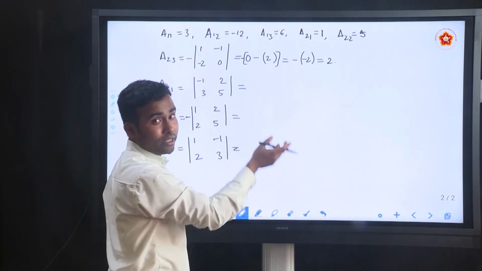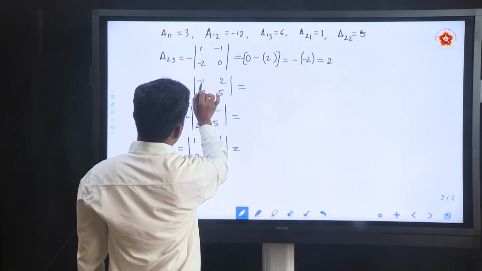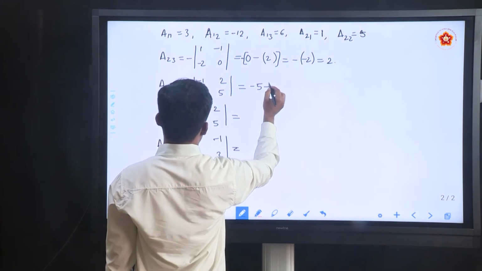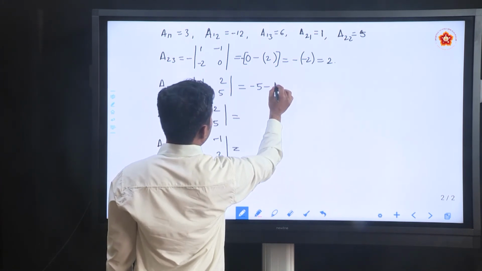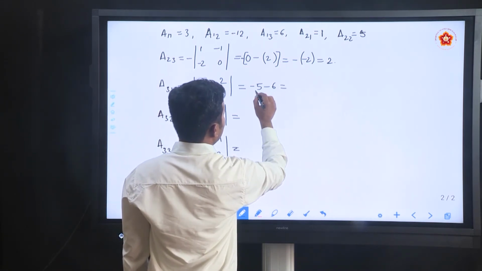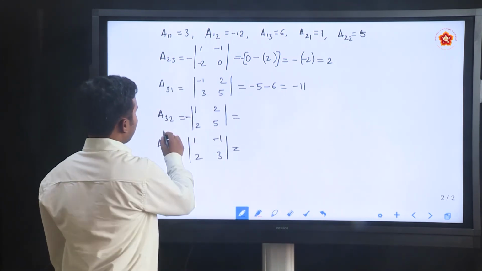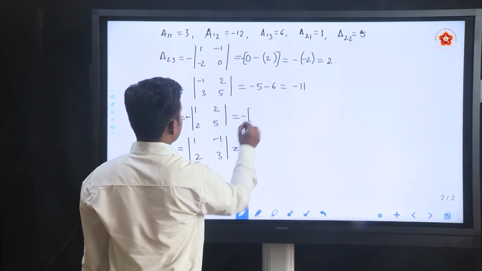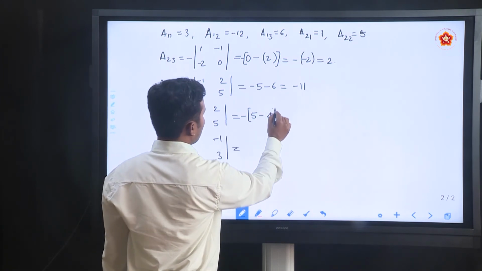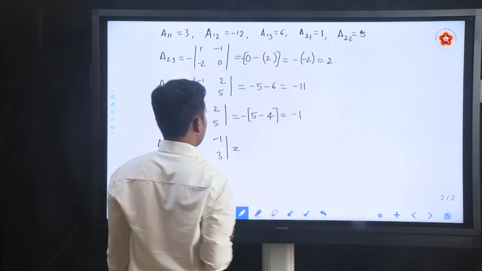So we have not written it, we just ignored it because of plus. 1 minus 1 into 5 is minus 5, minus 3 into 2 is 6, minus of 3 into 2. What is this? Minus 11. So we got A31 as minus 11, and A32 minus of, what is this? 1 into 5 minus 2 into 2. 5 minus 4 is 1, 1 into minus is minus 1.